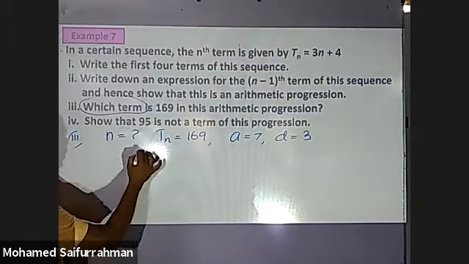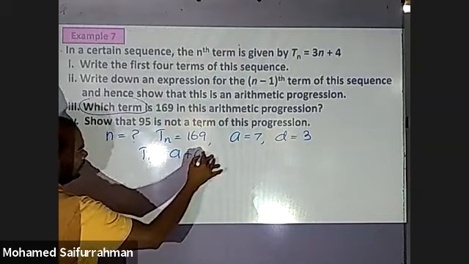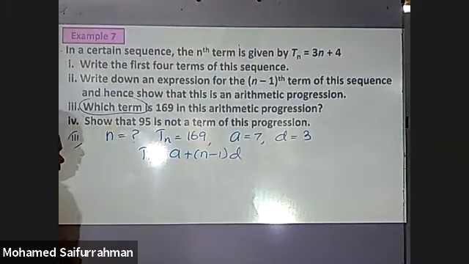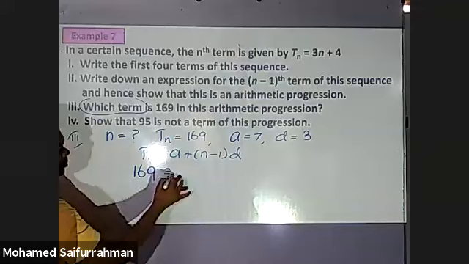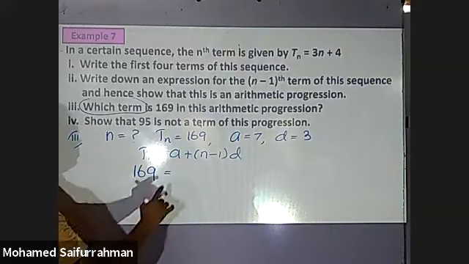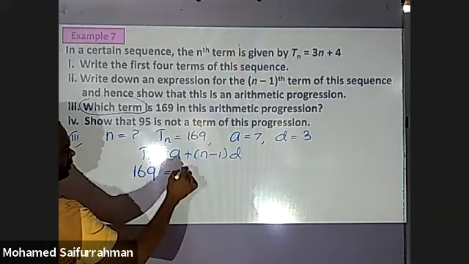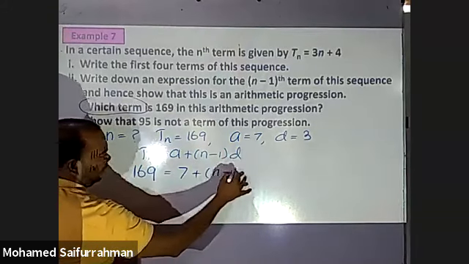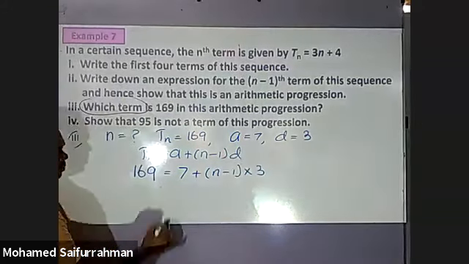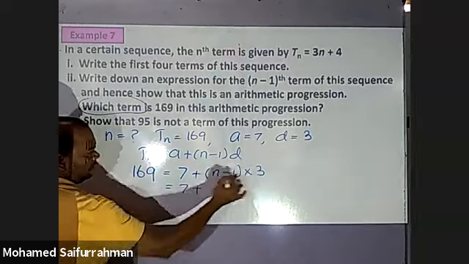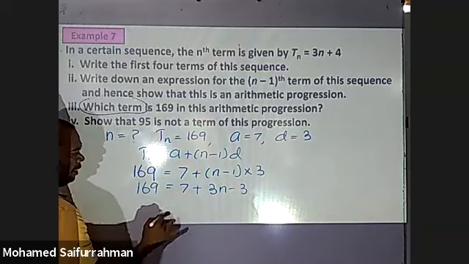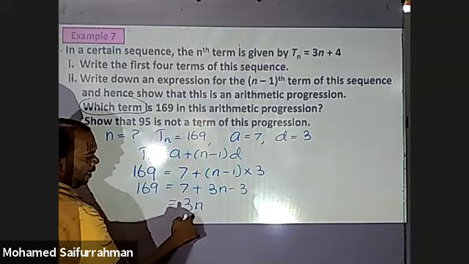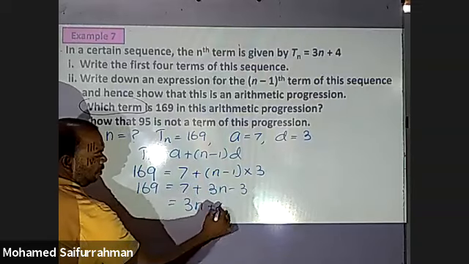So let's use the equation. Tn equals A plus n minus 1 times D. Tn is 169, A is 7, n unknown, D is 3. 7 plus 3n minus 3 equals 169. 3n plus 7 minus 3 is 4.